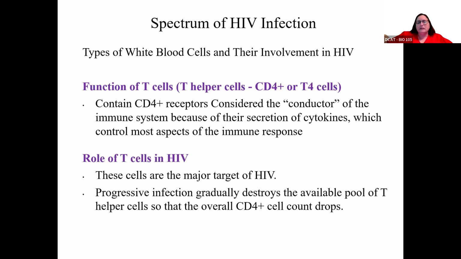So the progressive infection generally destroys the available T helper cells so that the overall CD4 cell count drops. So remember, we said as HIV progresses in a person who's not taking antiretroviral therapy, when the HIV virus takes over the CD4 cell, it's destroying that cell. And then we have fewer cells within the immune system to be able to fight off infection.